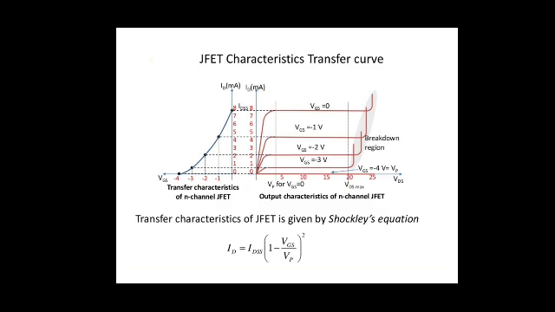For a P channel JFET, the curves are similar. The shape of the curves is similar. The only difference is that VGS will be positive and VDS will be negative, so the voltages applied across the terminals differ. Thank you for your patience, and let us meet in the next session.